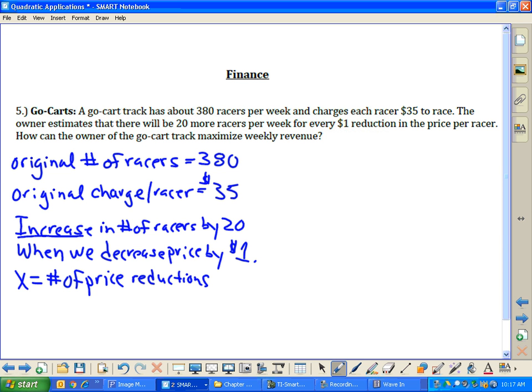The number of price reductions that he goes through, or the number of weeks that he goes through, ultimately affects what? That's the other value we don't know. So if x is a control variable, what is it affecting? Sydney.